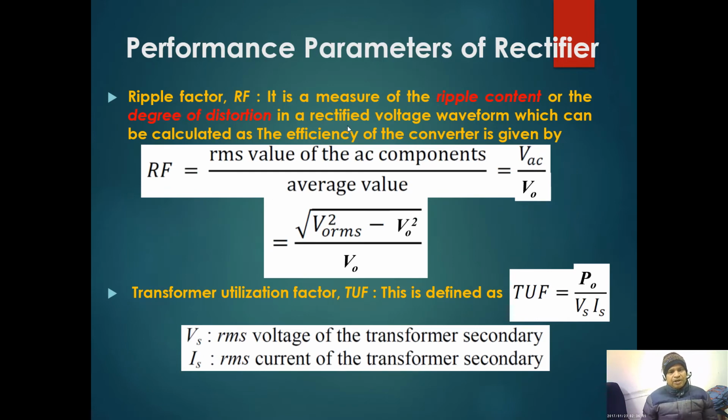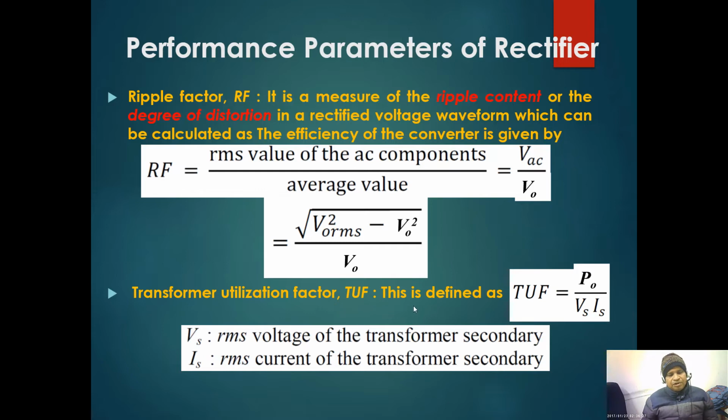So the ripple factor is the measure of the ripple content, or the degree of distortion in the rectifier voltage waveform. So ripple factor is the RMS value of the AC component divided by the average value, so VAC by V naught, which is the square root of V0 RMS square minus V0 square, divided by V0.